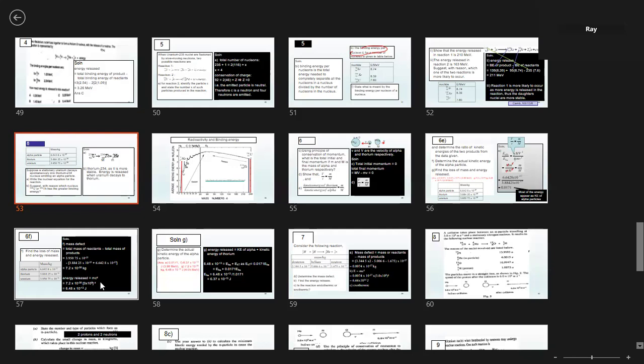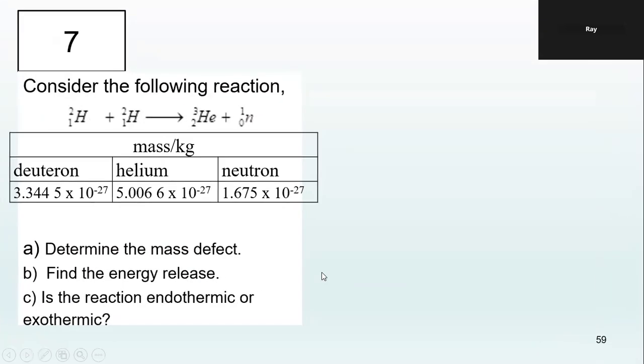Let's try something. Okay, try this one. The following reaction is given: deuterium combined with deuterium to give a helium-3. Determine the mass defect.